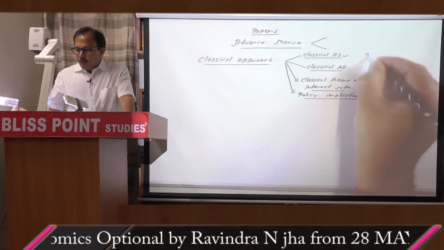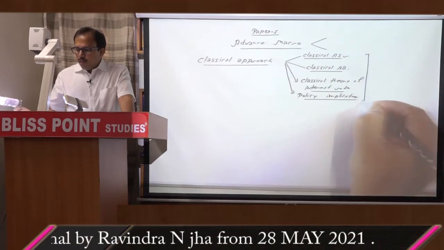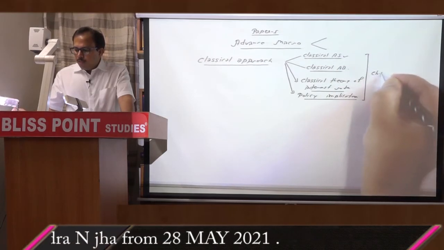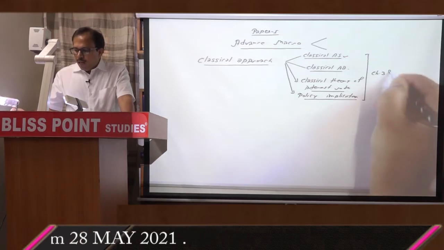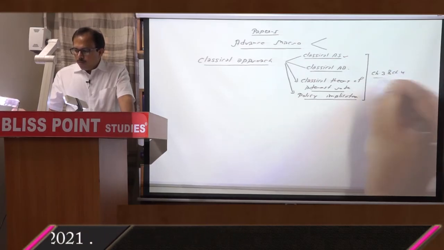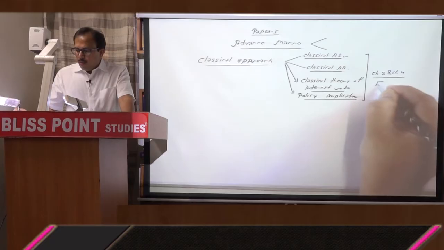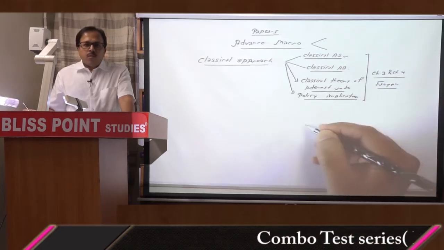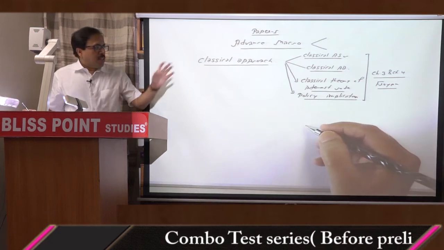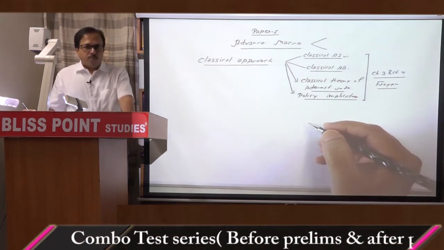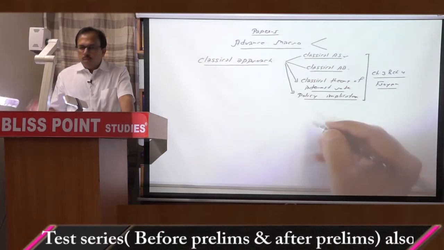These topics you should be covering from chapter number 3 and chapter number 4, mainly from Froyen, Richard Froyen. So the main book for the classical approach will be Froyen. Clear? So I'm just giving an overview.